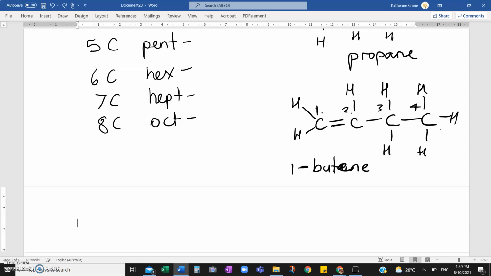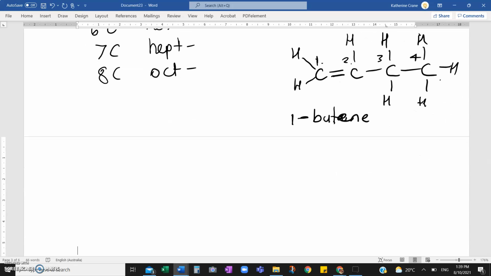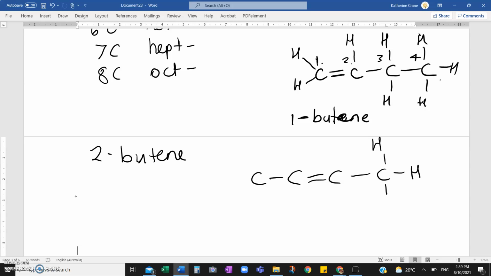Okay, so 2-butene will just have that double bond between the 2 middle carbons. And this is the same rule for alkynes as well. So I only need 1 hydrogen there, 1 hydrogen there. And you still have the same number of hydrogens as in those general equations.